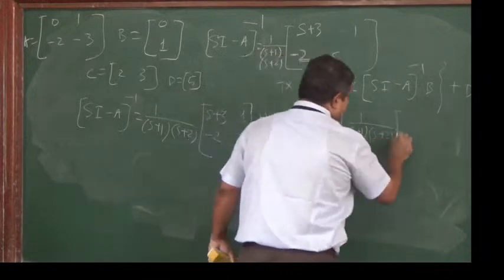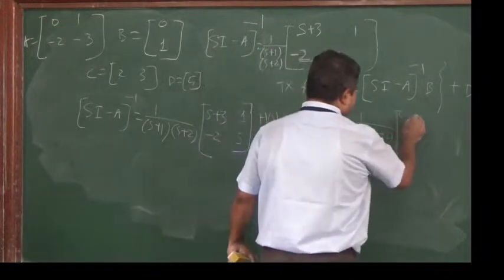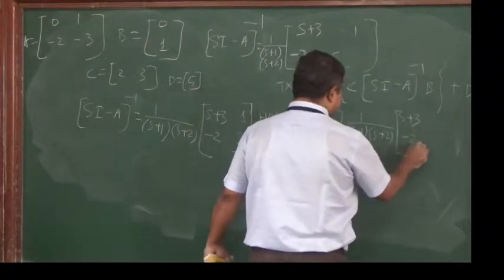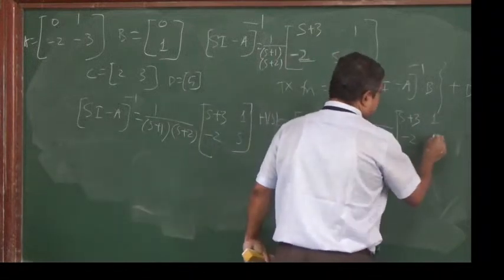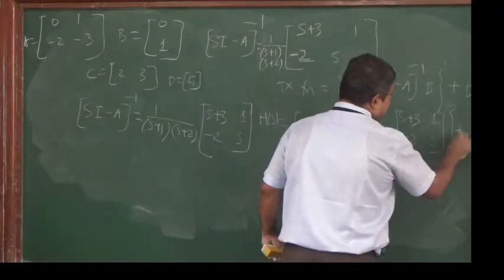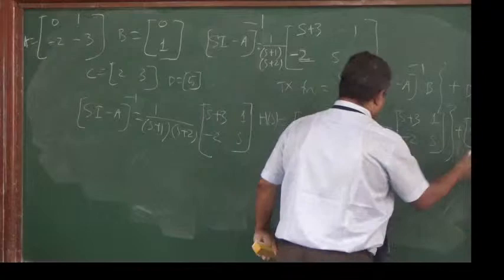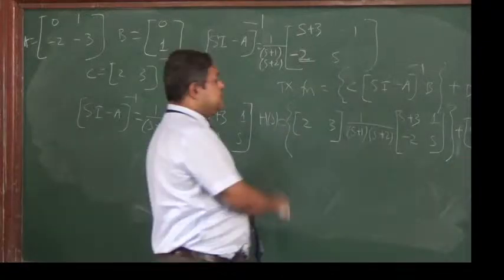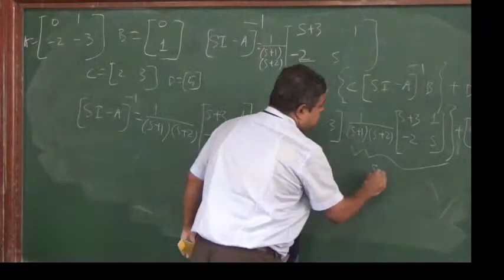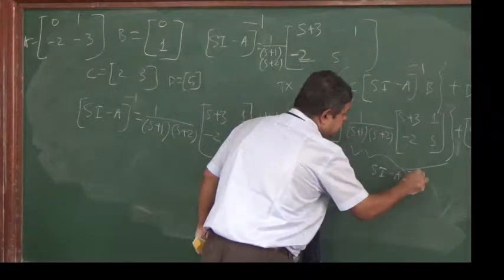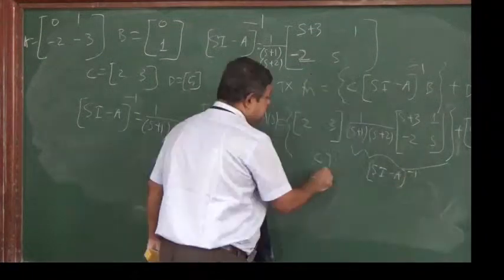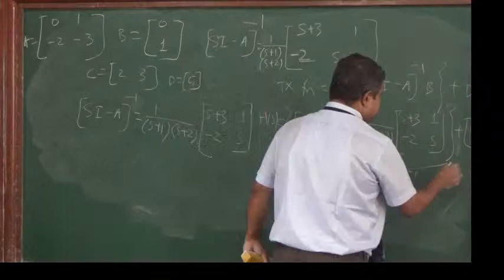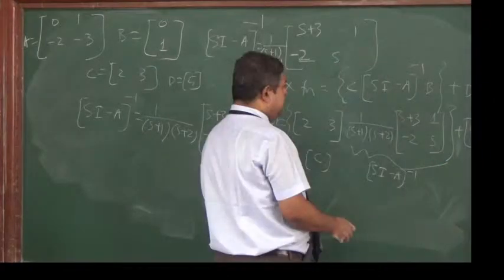Okay, so sI minus A inverse, this is S plus 3, this is minus 2, this is 1, and this is S. It is given here like this. So this part is sI minus A inverse. This is the C matrix. This is sI minus A inverse into B.